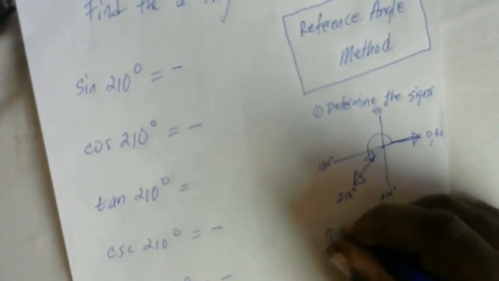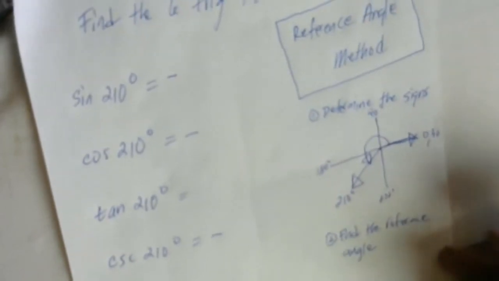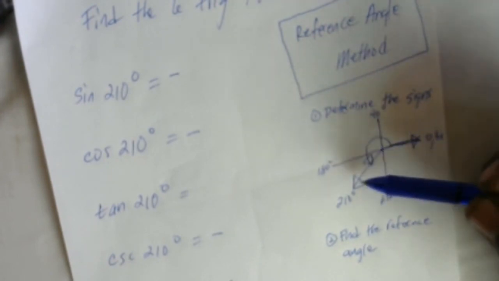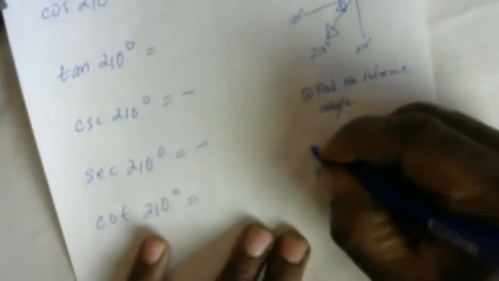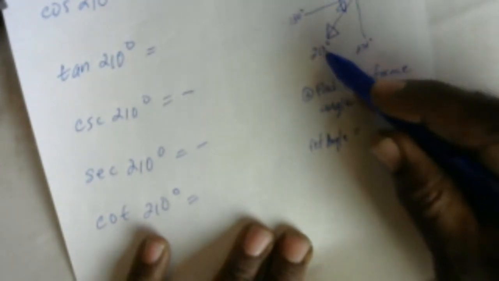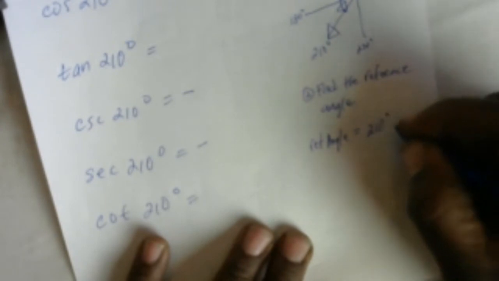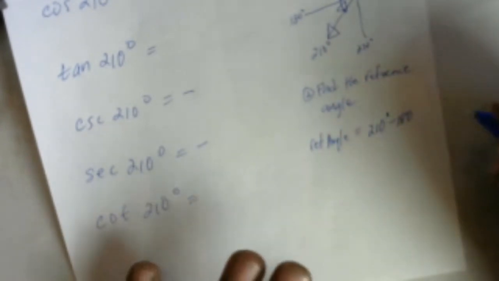The second thing you want to do is find the reference angle. Based upon what we just found, we know that 210 degrees is in the third quadrant. If you're in the third quadrant, the reference angle formula is the given angle measure minus 180.